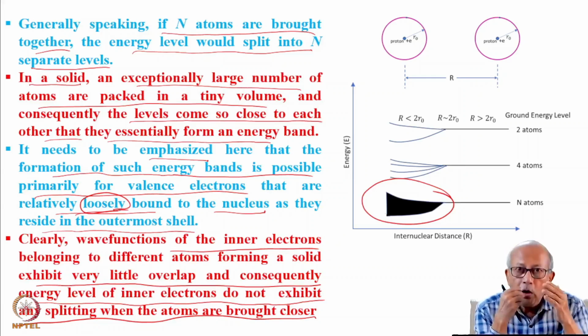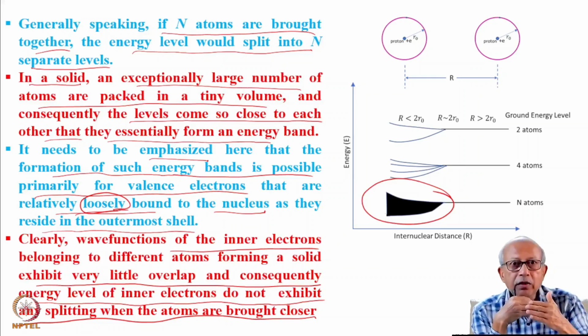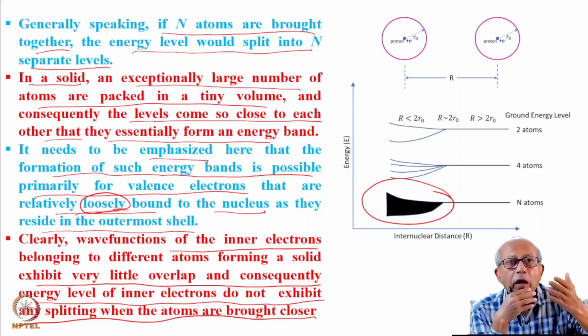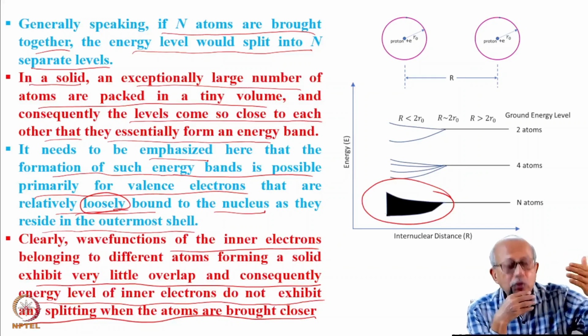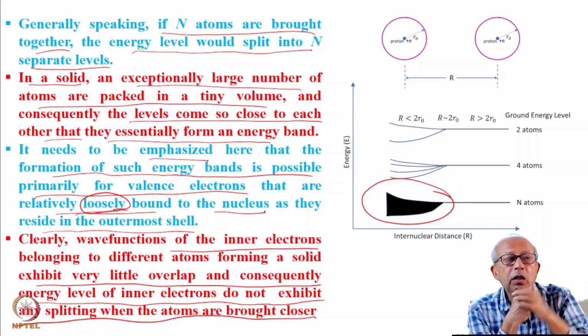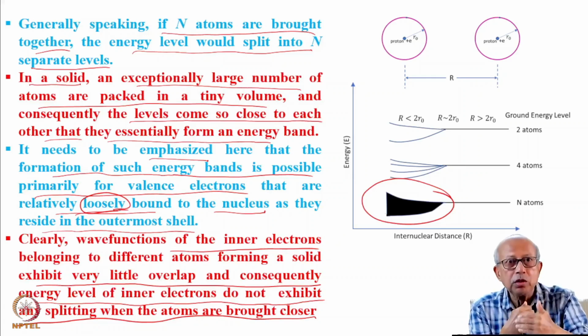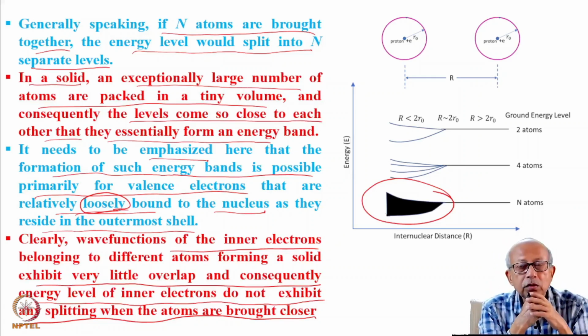So the wave functions of these electrons do not overlap greatly with the wave functions of the other atom which has been brought closer. That is simply because this is very strongly bound to the nucleus, to which it is much closer compared to the valence electrons, which reside in the outer shell or subshell.